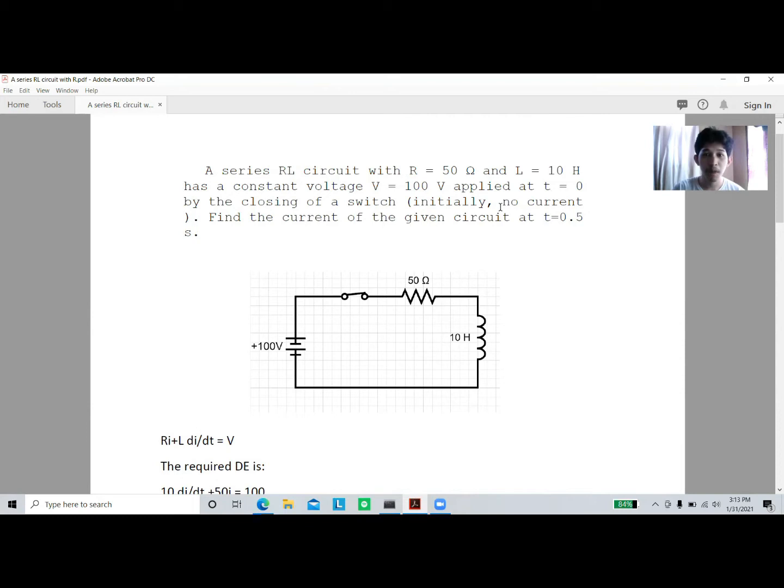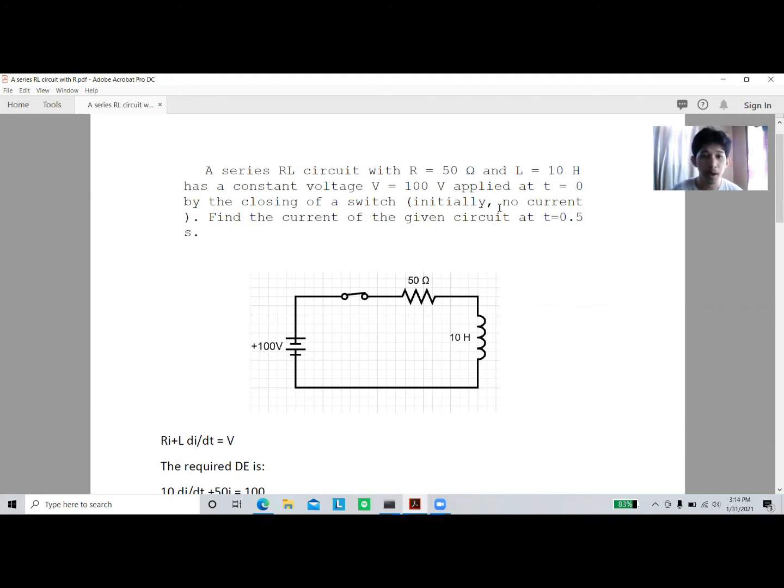So the problem states that a series RL circuit with a resistance of 50 ohms and an inductance of 10 Henry has a constant voltage V of 100 volts. And it is applied at t equals 0 by the closing of a switch, which has an initial current of 0.